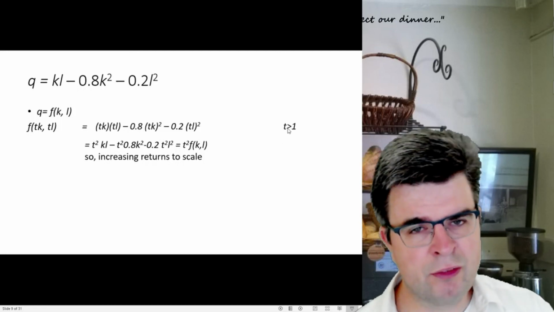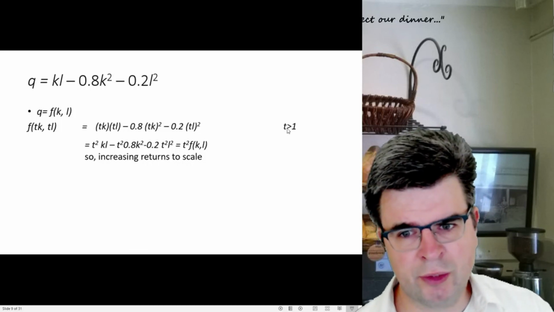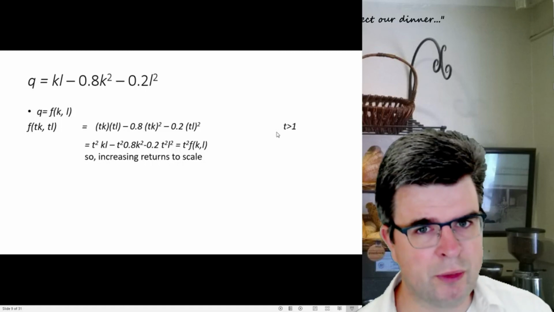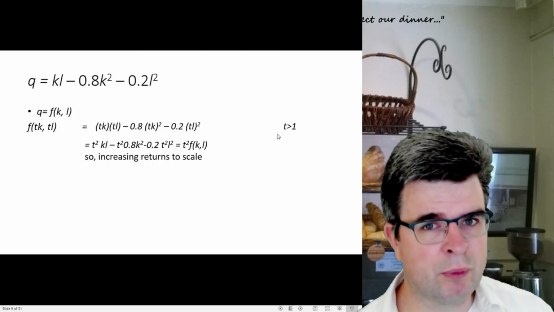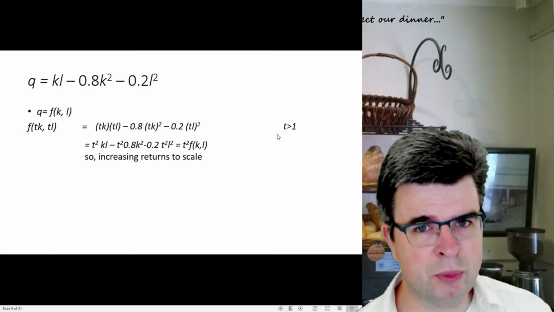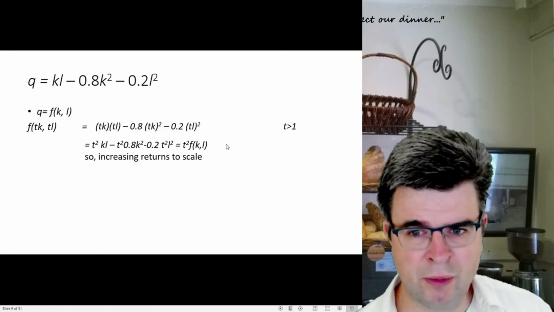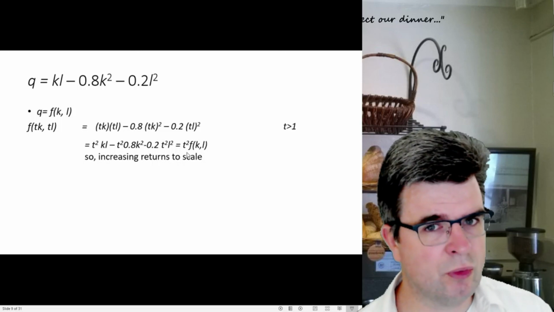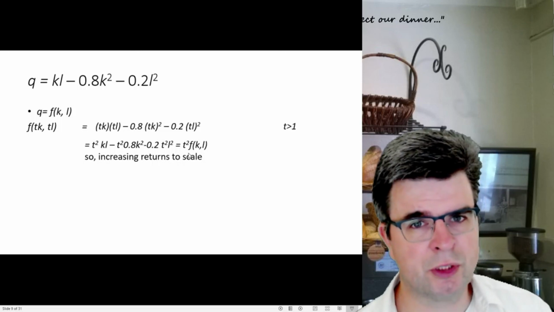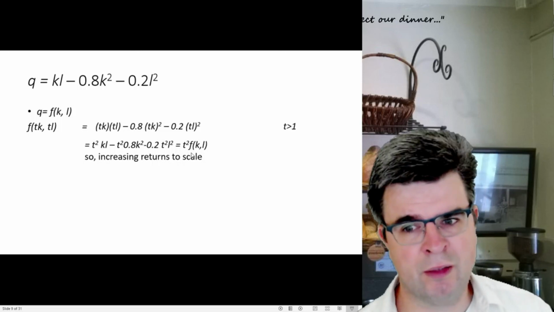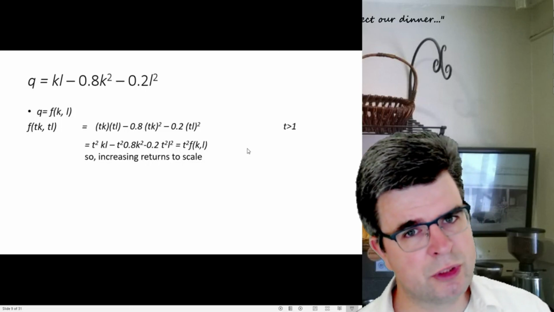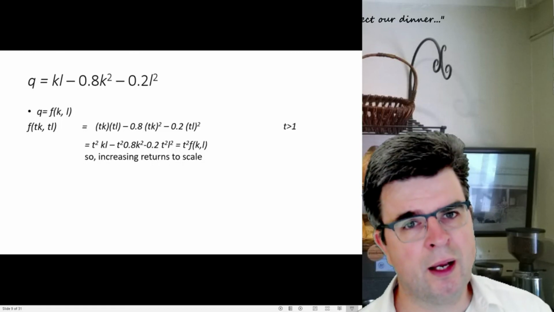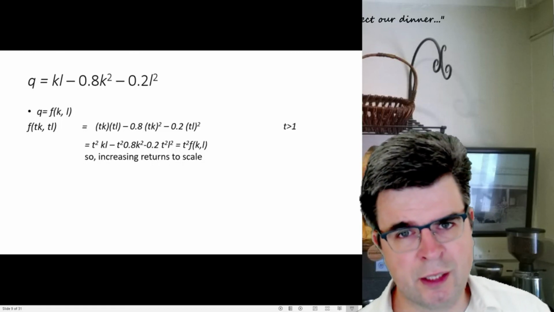So if we take T to be larger than 1, for example 2, so we double both the units of capital and labor, what will happen to our production? Well, our production will become 2 squared, so 4 times the original production level, meaning that we have increasing returns to scale in this production function. And that completes exercise 9.2.